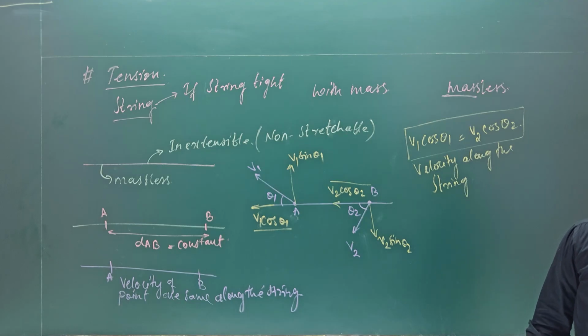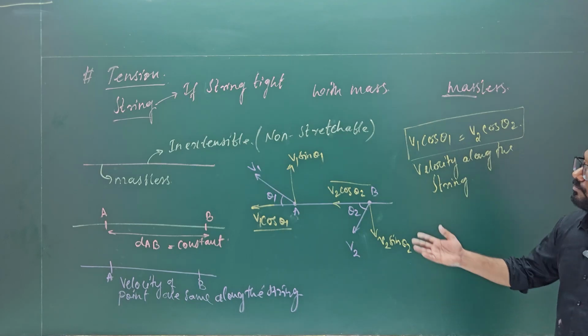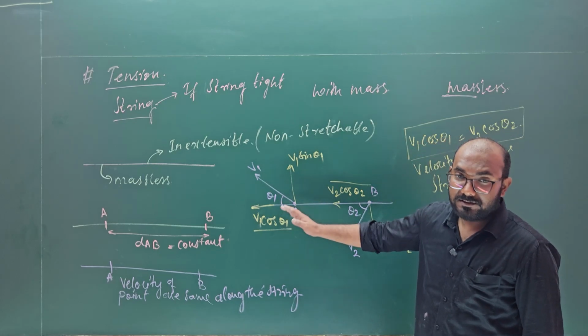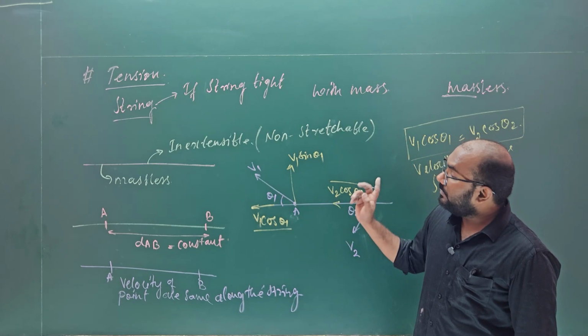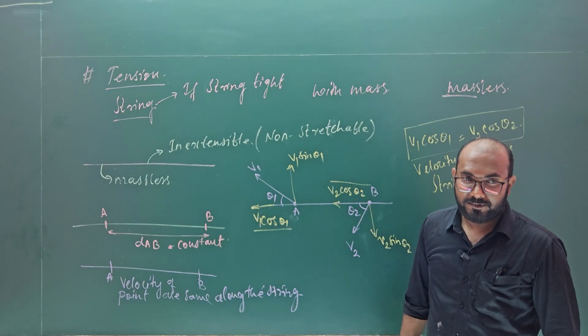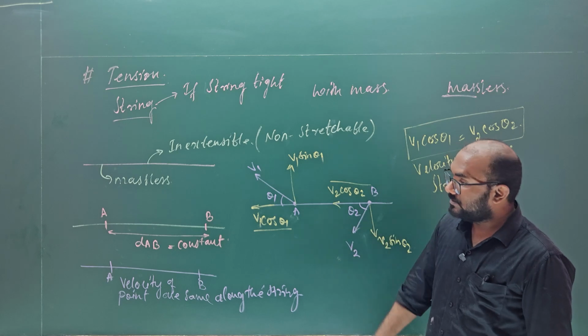Even if they are moving in different directions, those two points will have the same velocity along the string. Are yes or no?